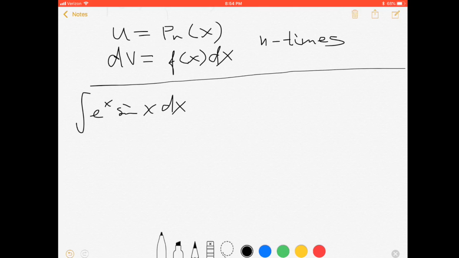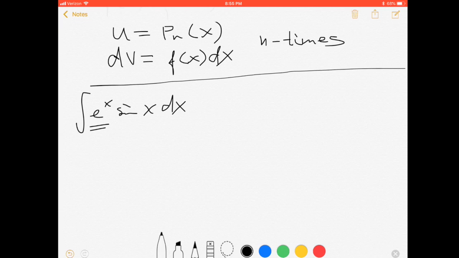Here we have two functions. One of them is e to the x. You take a derivative or antiderivative, it is still e to the x. Second, sine x. It depends whether you take a derivative or antiderivative, but sine moves to cosine, plus or minus depending on what you take, and cosine moves to sine, plus or minus.